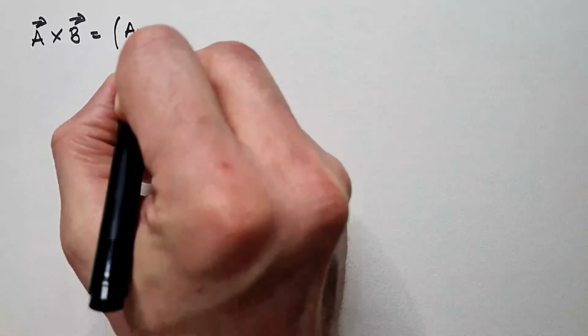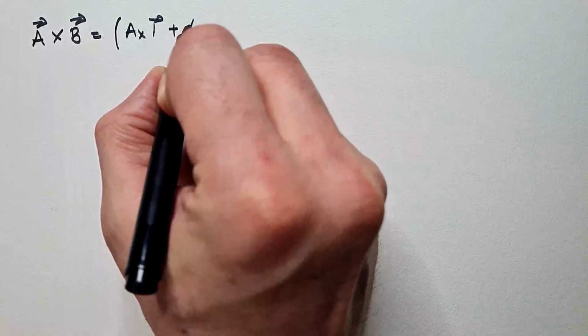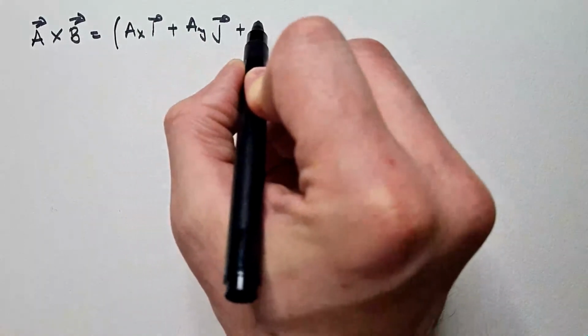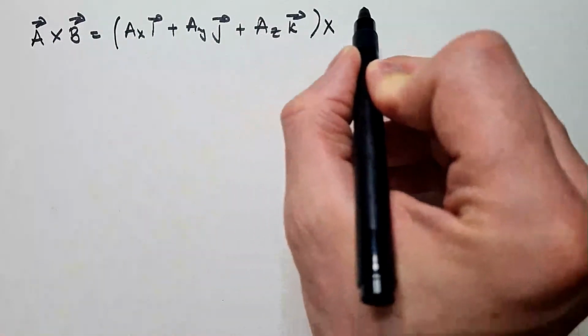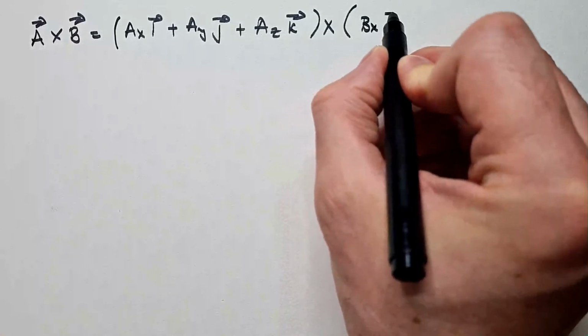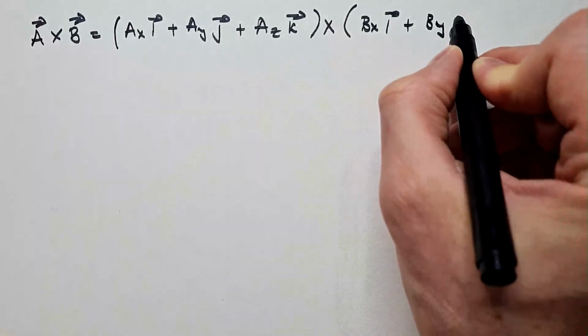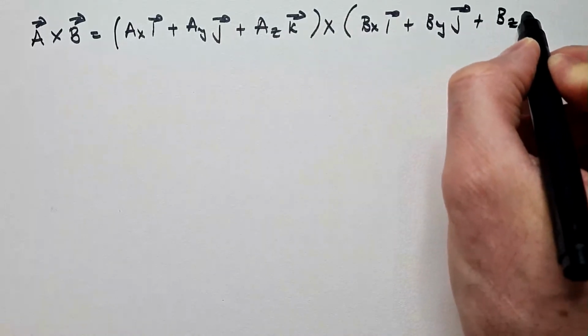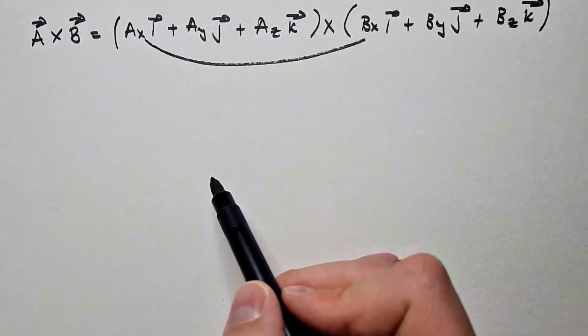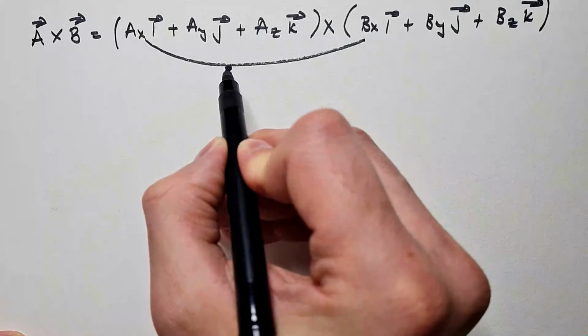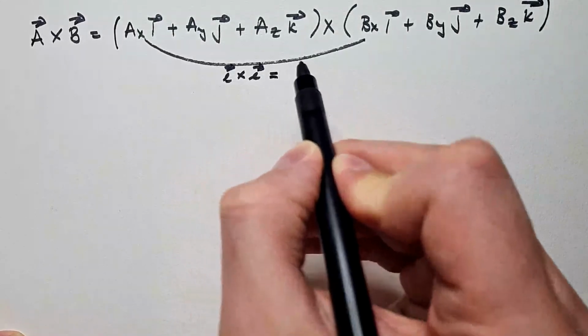A cross B. Well, we can again use the rule of components that we had in the case of dot product as well as adding vectors. So that would be A_x i plus A_y j plus A_z k, where these are components of A, cross B_x i plus B_y j plus B_z k. Now I take cross product between these two, but notice that i cross i will be 0.